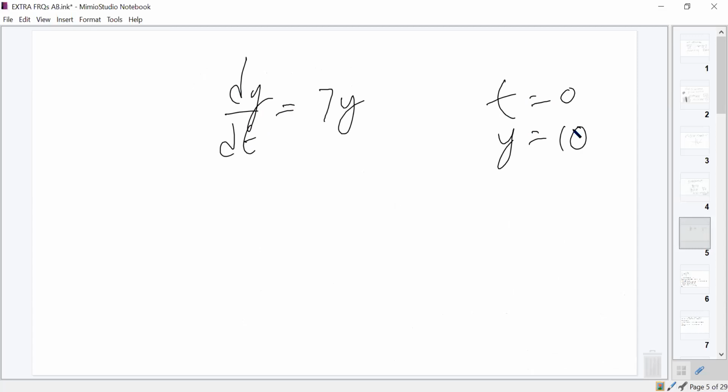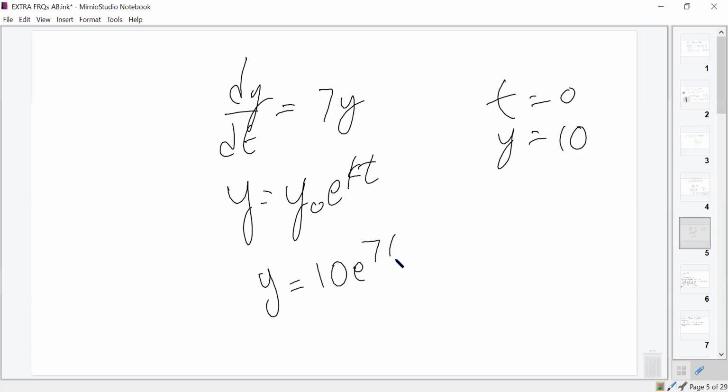They'll expect you to know that you don't actually have to integrate this, that this just becomes y equals y naught e to the kt. And so with k is 7, this will become y equals the initial amount, which is 10, e to the 7t, and you can just use that formula to find the time at which it's at a certain amount or the amount at a certain time. Okay, thank you. Yeah.